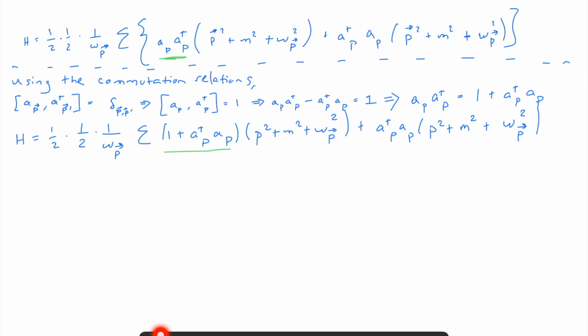And we crank out further. This is just what we have from the previous slide so far, once we got rid of those two terms. Now we will use the commutation relations, which we spent a lot of time deriving just a little bit ago, that [a_p, a†_p'] is equal to delta of p, p', right over here.